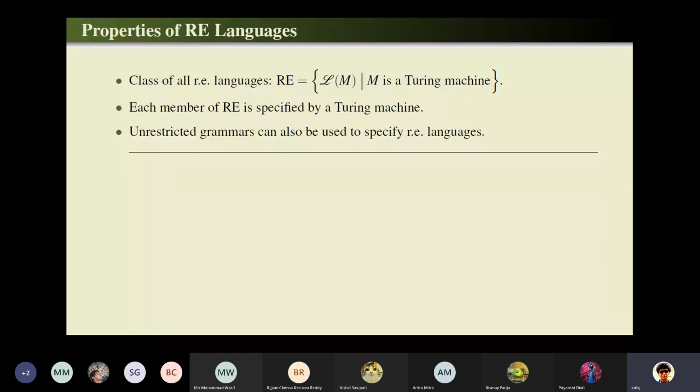So this is about the class RE. Then what a property is: a property of RE sets is a map from this class RE to T, F, T standing for true, F standing for false. It's just a map.